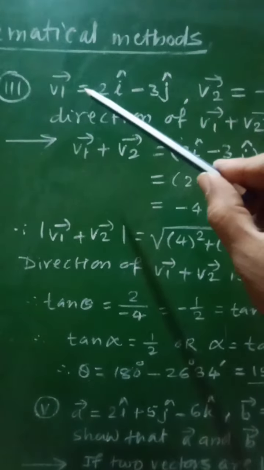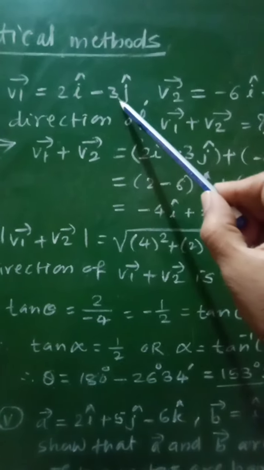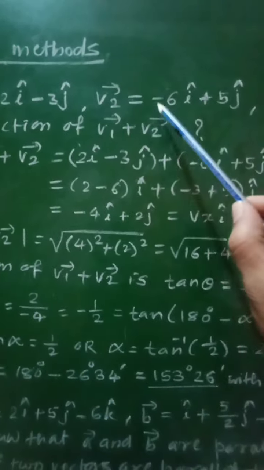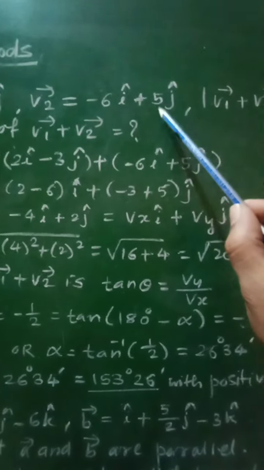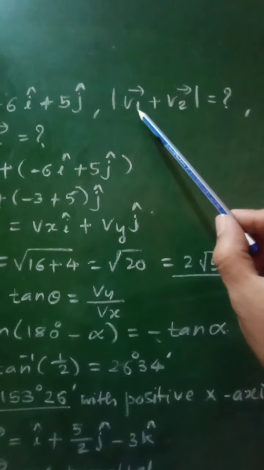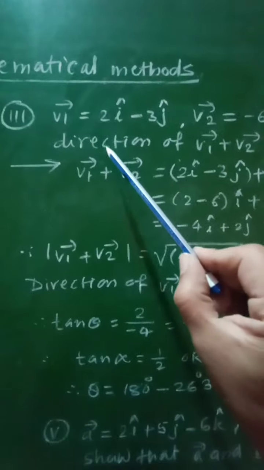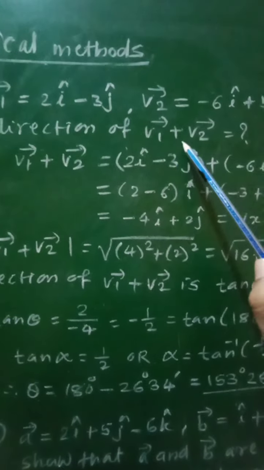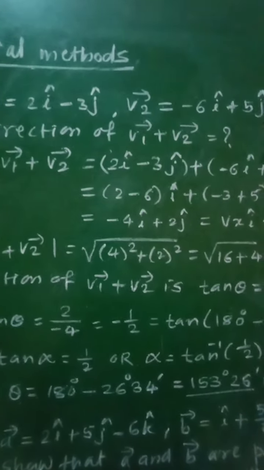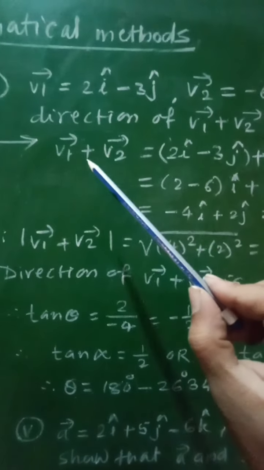So again for this numerical, vector phi1 is given as 2i cap minus 3j cap, vector phi2 is equal to minus 6i cap plus 5j cap, and we have to find out the magnitude as well as the direction of vector phi1 plus vector phi2. So first of all we will find the sum of the vectors.